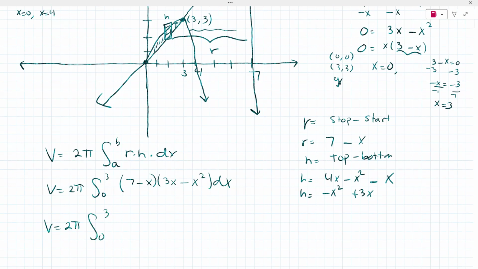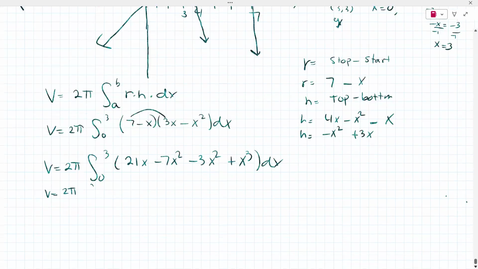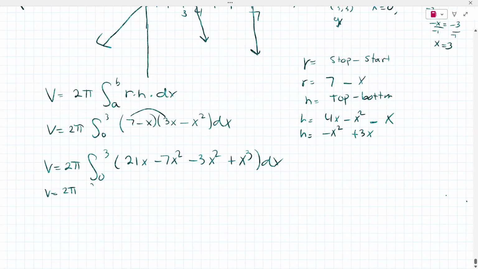From 0 to 3. If you clean this up a bit, this would be 21x minus 7x squared minus 3x squared plus x cubed dx. Let's take the integral of each term. The integral of 21x is 21x squared over 2.